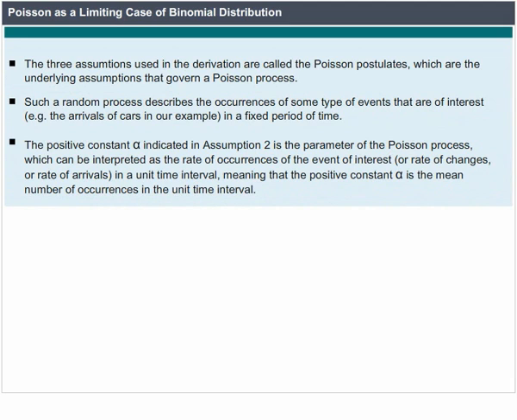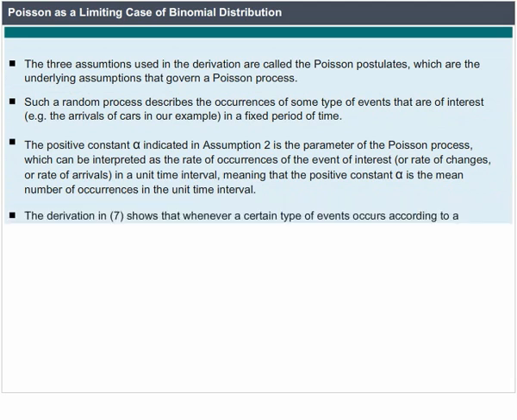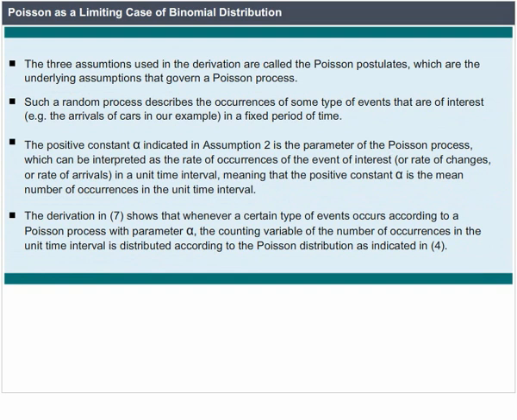The derivation in 7 shows that whenever a certain type of events occur according to a Poisson process with the parameter alpha, the counting variable of the number of occurrences in the unit time interval is distributed according to the Poisson distribution as indicated in 4.